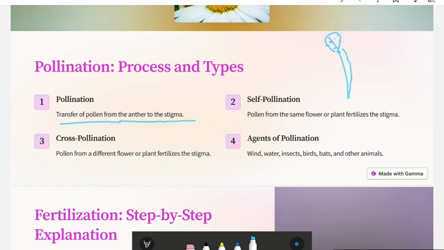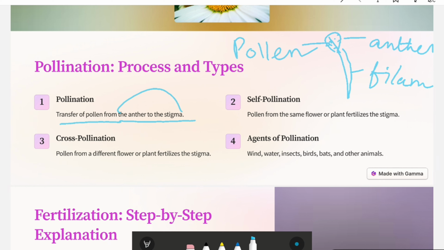This is the anther and this is the filament, the male part. Inside it there is a yellow dust-like structure known as pollen, which helps in pollination, and this is transferred to the stigma. Stigma is the female part.